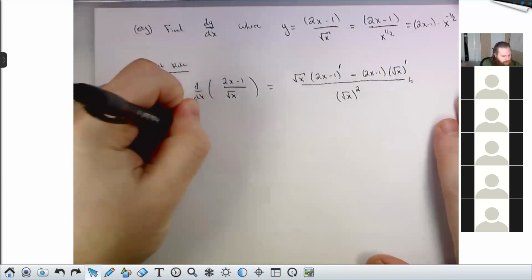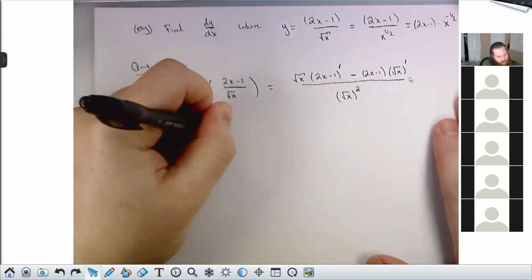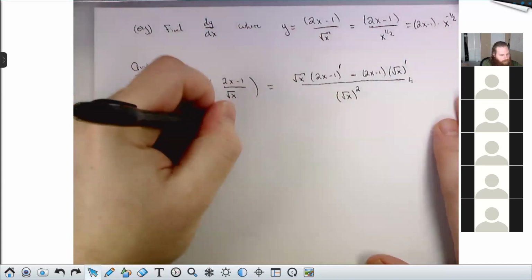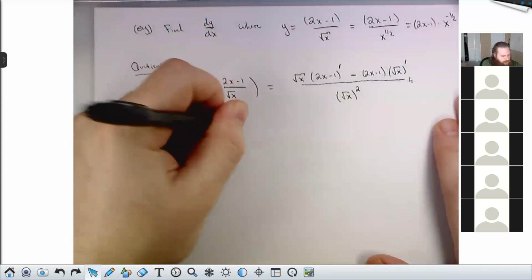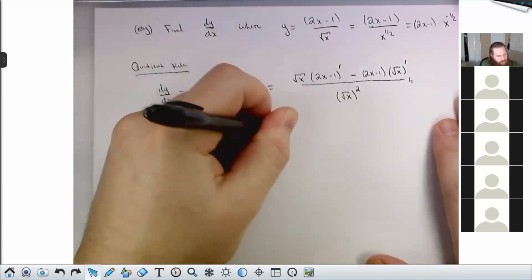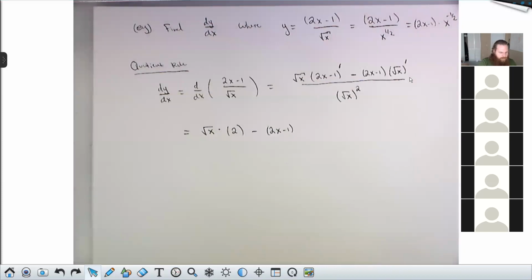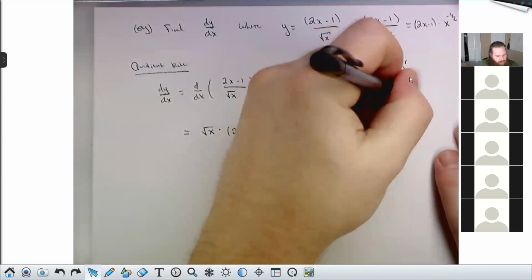So I'll continue this down here. That first piece is root x times 2x minus 1. The derivative of 2x minus 1 is just 2. And then minus 2x minus 1 times the derivative of root x. So we should come off to the side here somewhere and make sure we know how to differentiate root x.